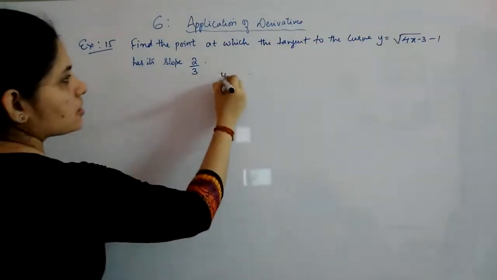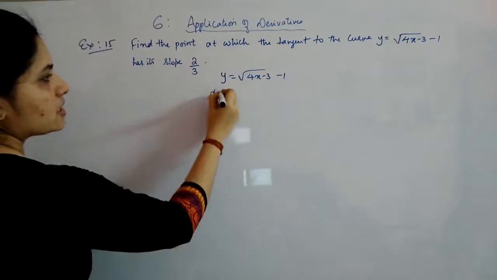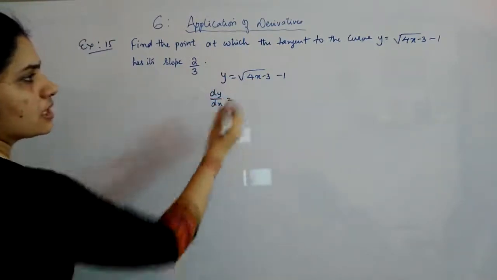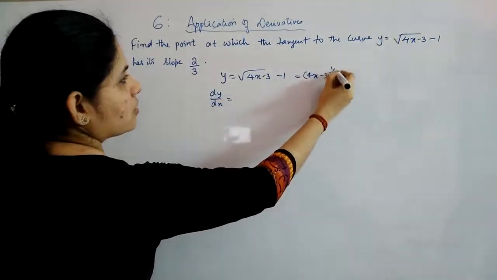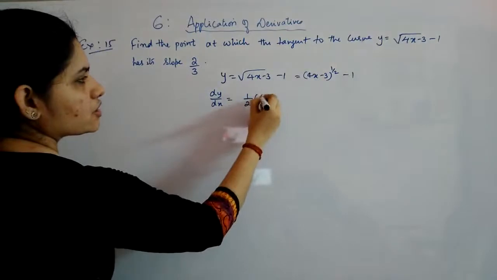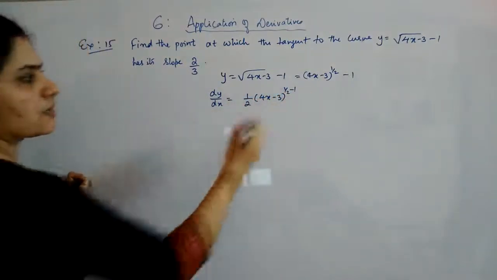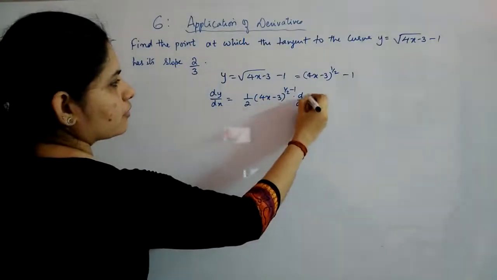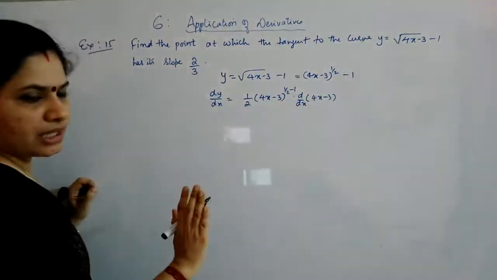Y is equal to root of 4x minus 3 minus 1. So you will get dy by dx is equal to, this is actually 4x minus 3 the whole raised to 1 by 2 minus 1. So there you will get 1 by 2 into 4x minus 3 raised to 1 by 2 minus 1 into the derivative of 4x minus 3, minus the derivative of 1, which will be 0.